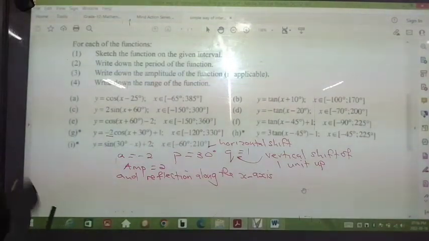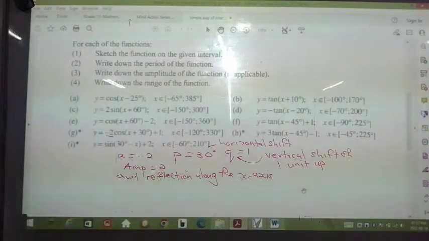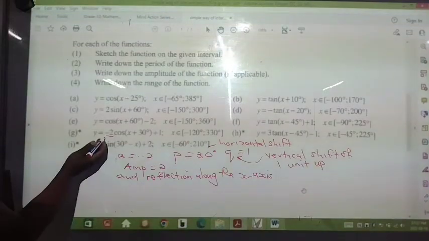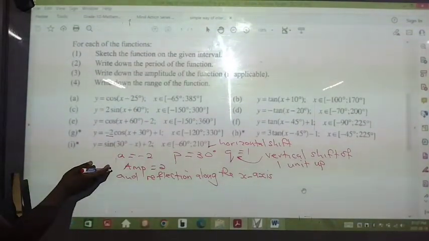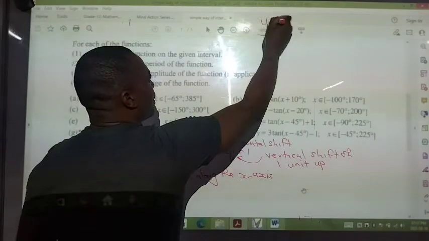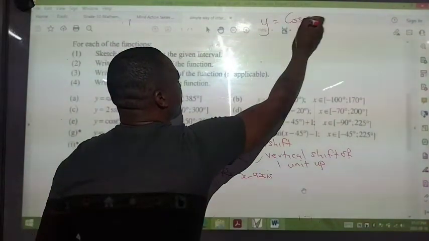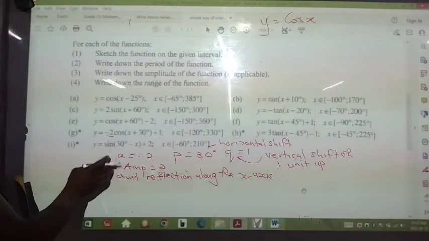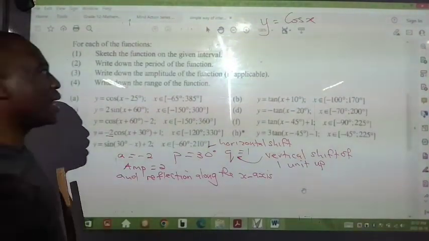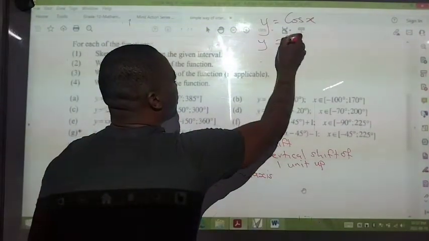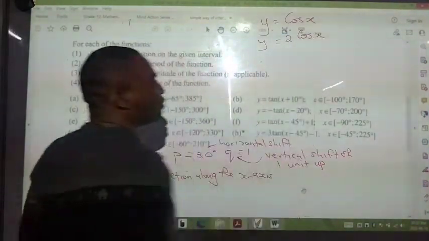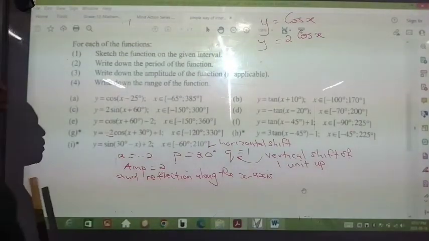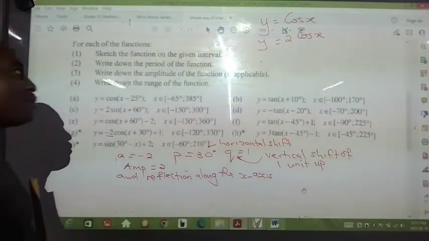So where would we start when we are going to draw this graph? We can start, we know that the graph of cos x is the basic graph, and then we bring in the amplitude. Y is equal to 2 cos x. You can even have the mental picture of these graphs.